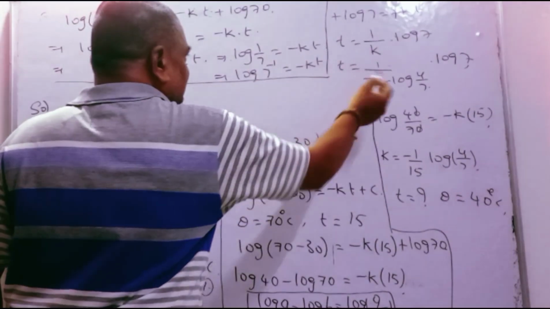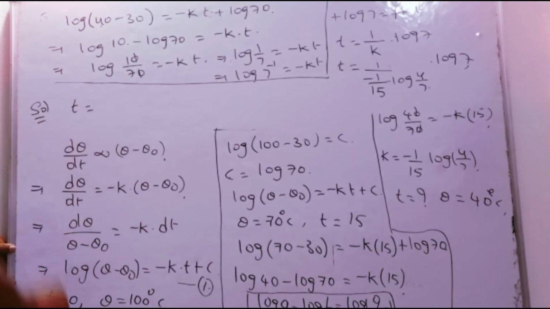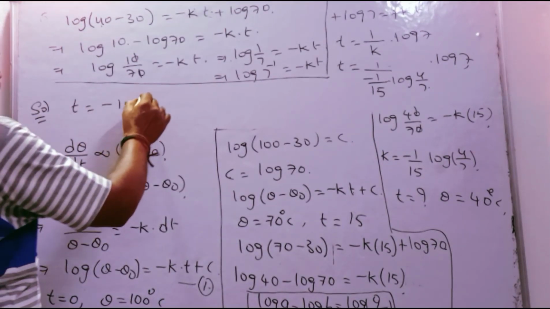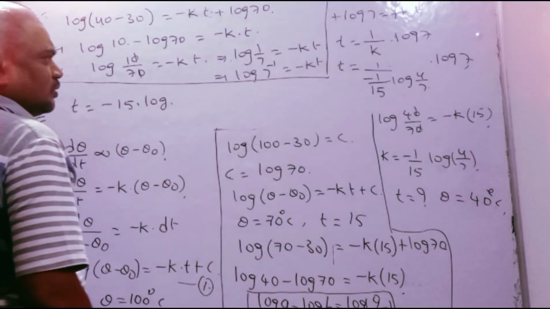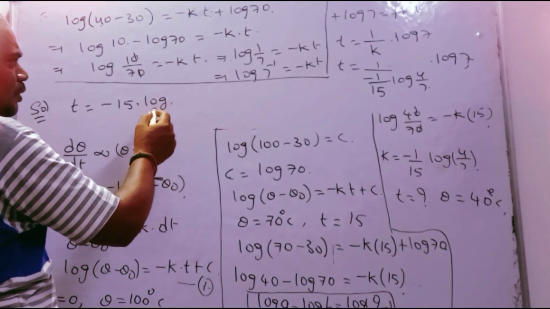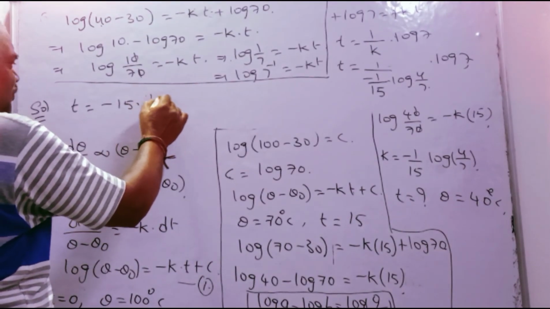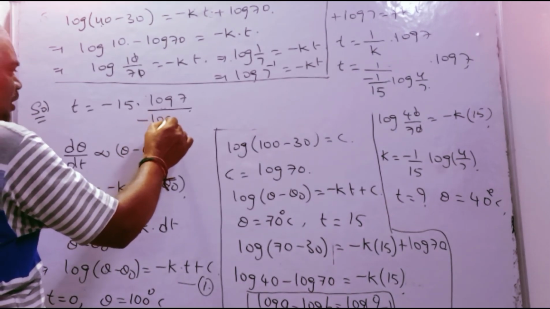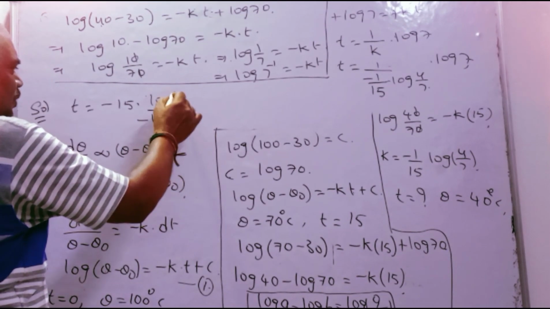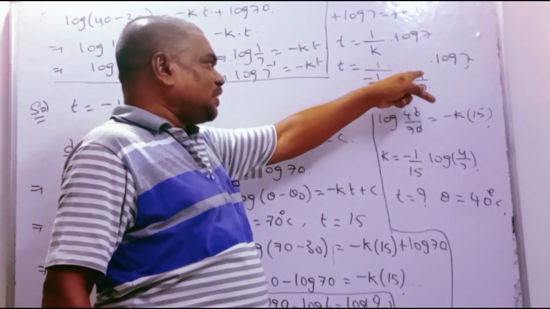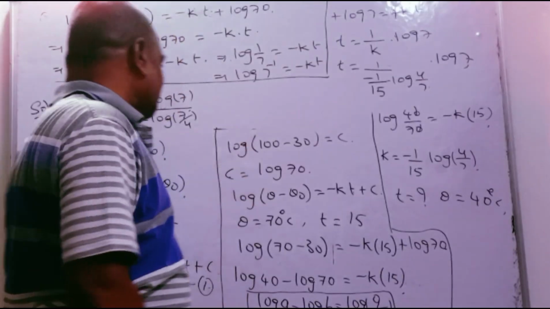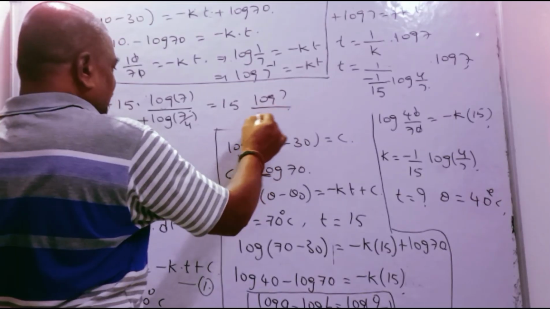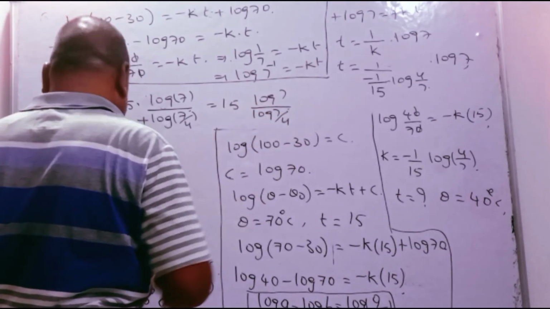So t equals minus 15 into log 7 by log 4 by 7. In the denominator you can write minus log 7 by 4, changing the power minus 1, minus minus gets plus, so t equals 15 into log 7 by log 7 by 4.